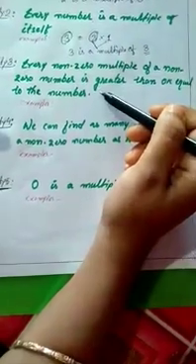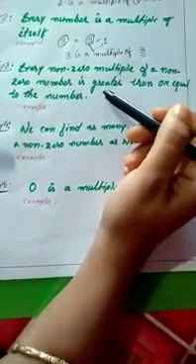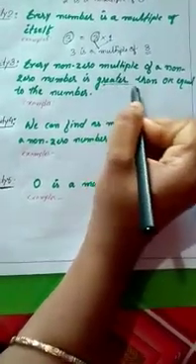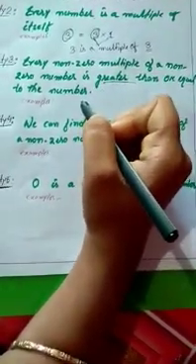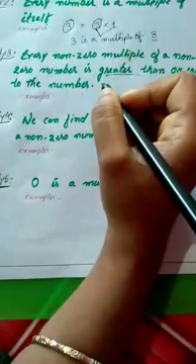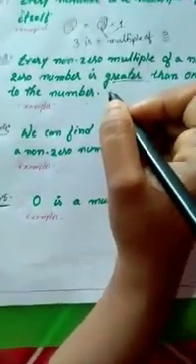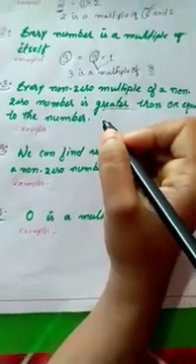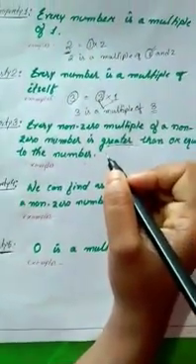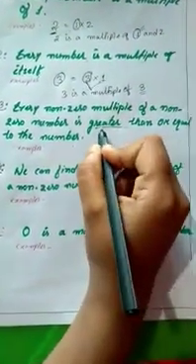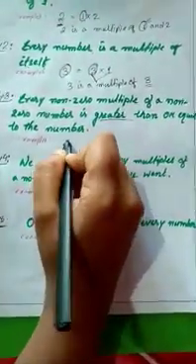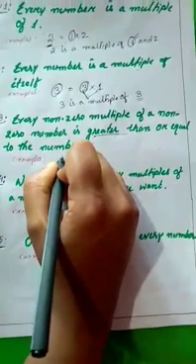But in this case, the multiple will be greater than or equal to that number. A multiple means we are getting the product of two numbers, but in the case of a factor we get a single number. That means it will be larger in the case of a multiple. Okay, fine children.